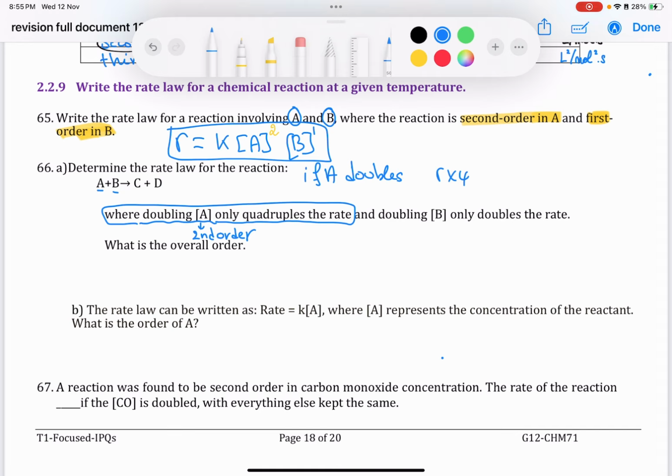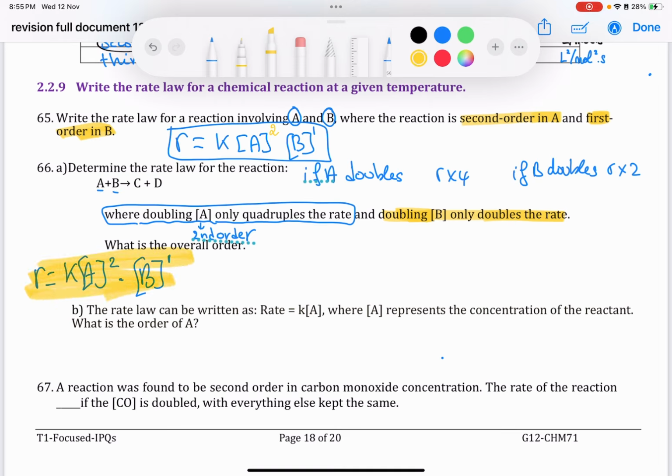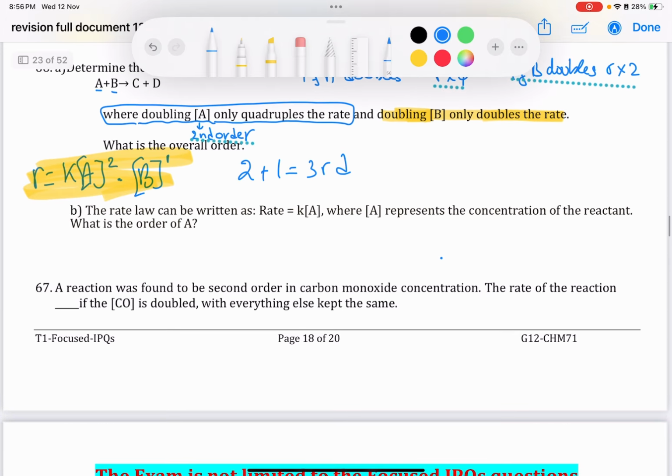So in this formula, rate equals K A squared. Now, let's continue to see the B. Doubling B doubles the rate. So if B doubles, the rate doubles. This means that B is first order. So here is the formula of the rate law. And the overall order is 2 plus 1. That's a third order overall.